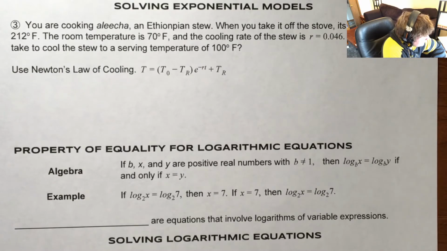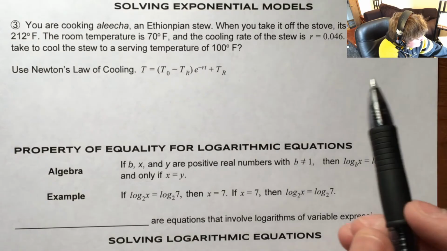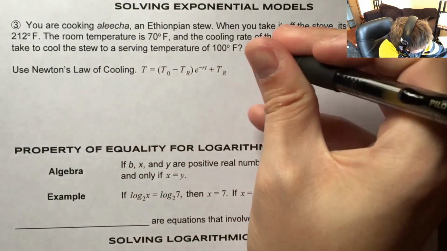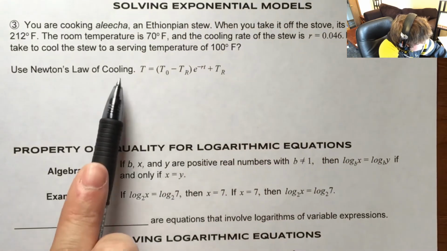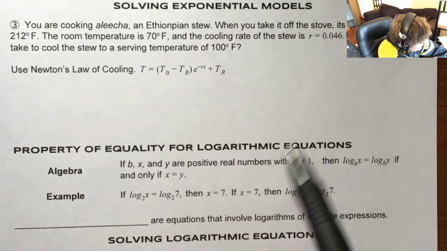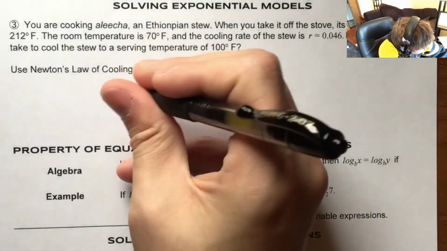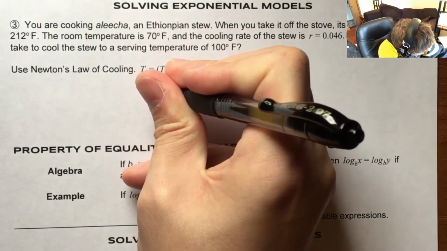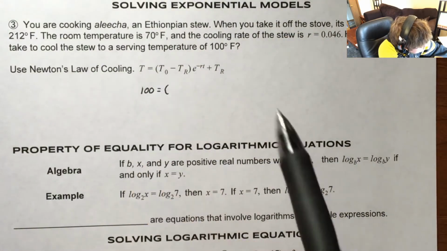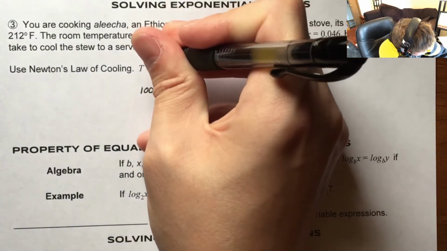Okay, so it looks like here we know that the temperature we're trying to get to is 100 degrees. So here we have this formula to work with. T is probably the number that we are trying to get to. So we have 100 is equal to T naught. Anytime you see T naught, anything naught tends to be initial.